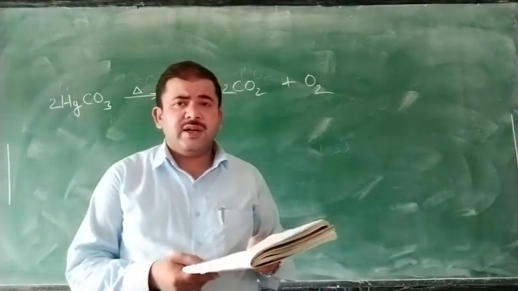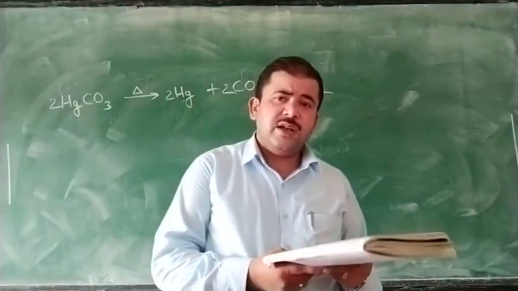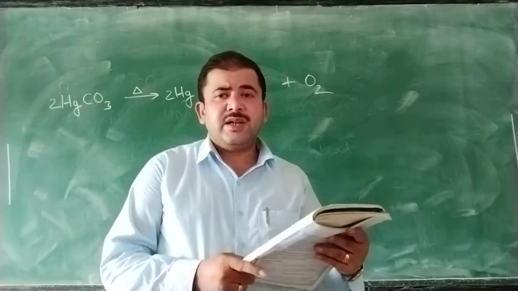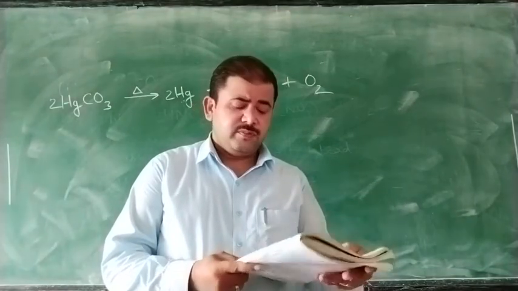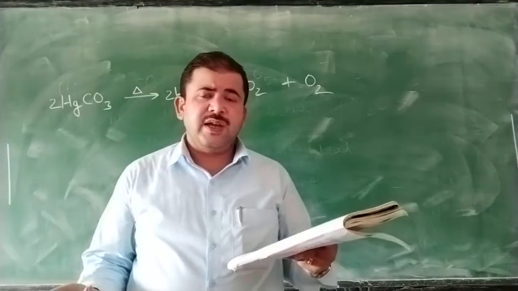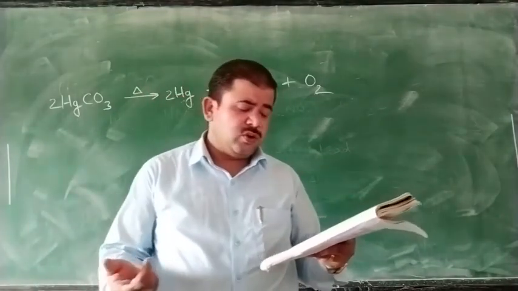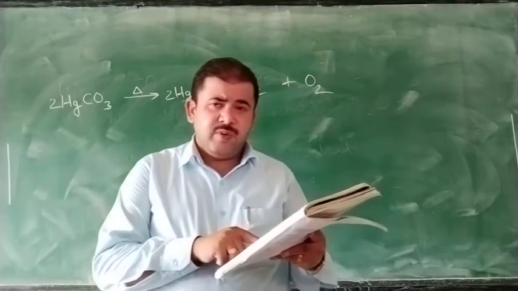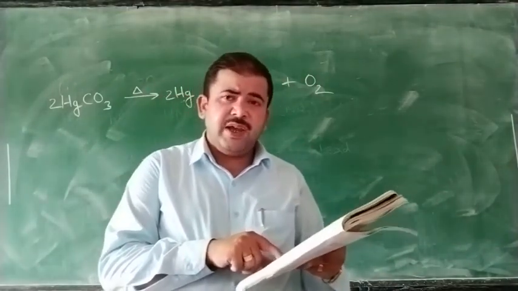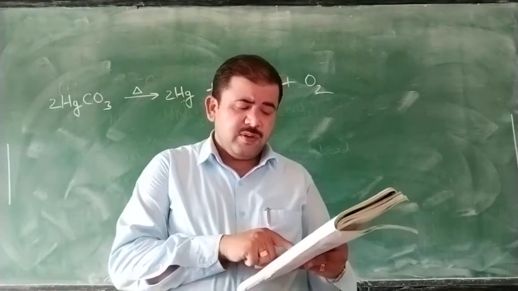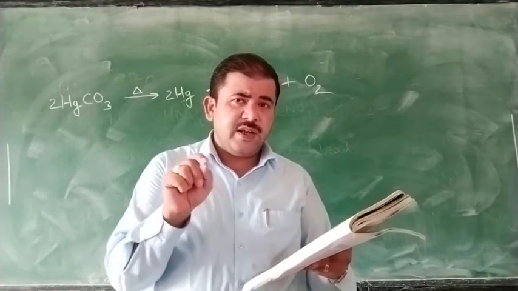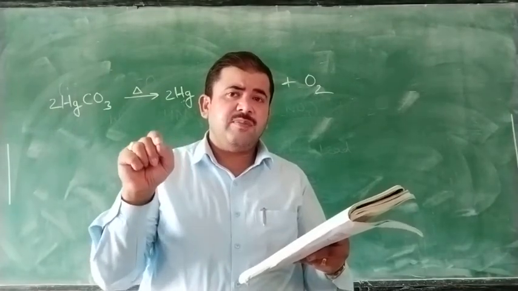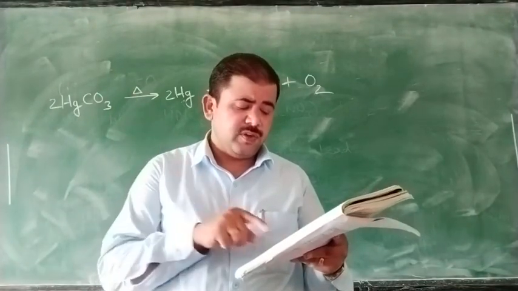So copper nitrate, copper second nitrate, this color blue, and by heating we get the copper second oxide CuO, and also we can say cupric oxide. So cupric oxide color black.